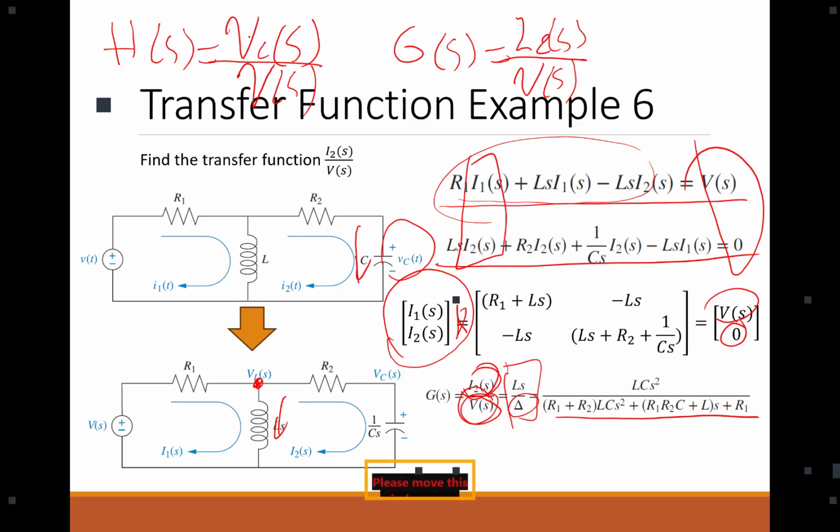These two equations tell you what's going to happen if you have such an input. The first one tells you what happens to the current. The H tells you what happens to the voltage of the capacitor. Now, how can you find H out of G?